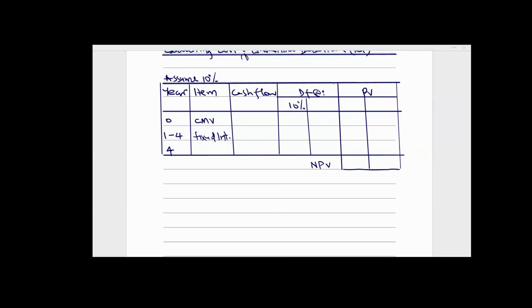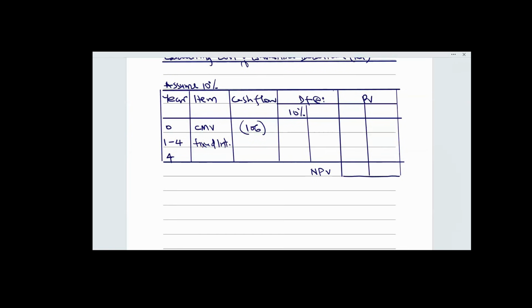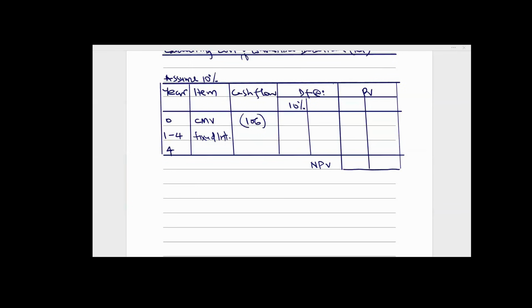The market value of this debenture is 106 naira, and you are told that an interest payment was made recently. That means that 106 naira is already ex-interest price. So here will be 106. No need to make any adjustments. Again, we go back to the question to confirm the amount of interest that will be paid. We are told it is a 10% convertible debenture, and 10% of 100 naira is 10 naira.